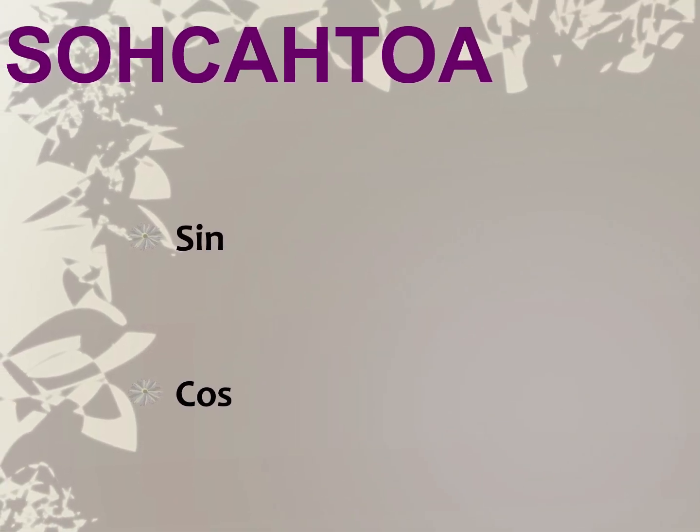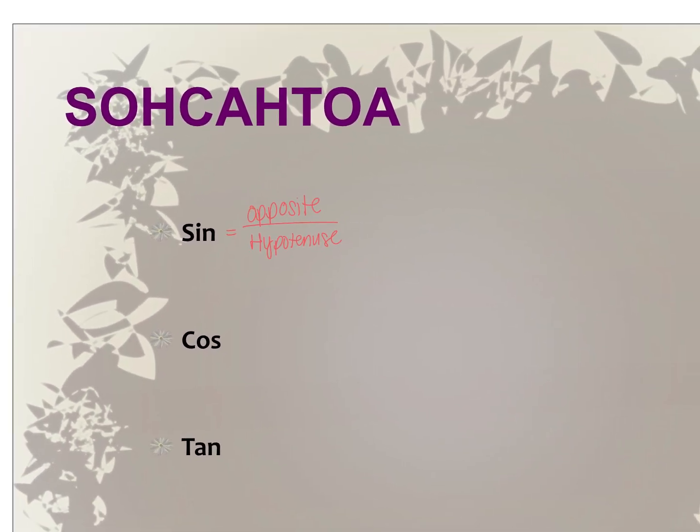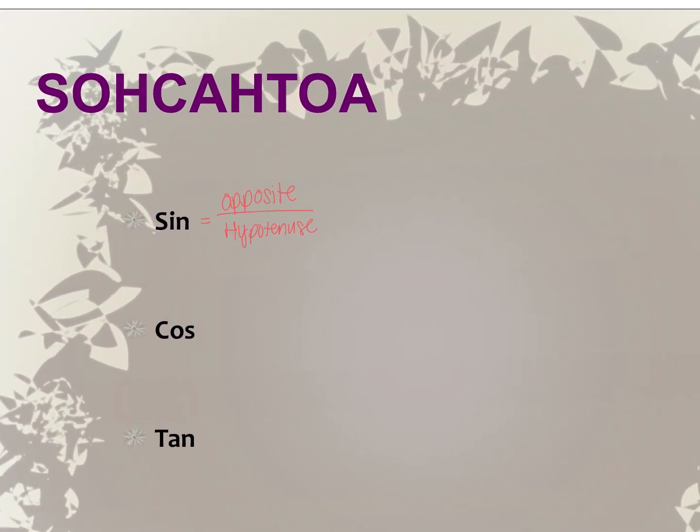Okay, so they're giving you SOHCAHTOA at the top if you forget it. I'm writing it out. Sine equals opposite over hypotenuse. Go ahead and do cosine and tangent. Go ahead and fill those in on your own.